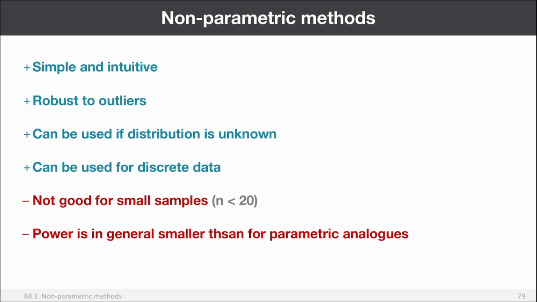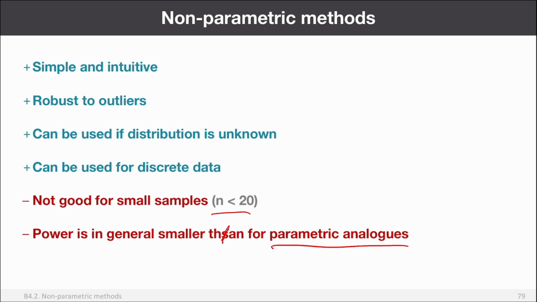However, there are also many drawbacks of these non-parametric methods. First of all, they require a large sample size, right? So you need at least 20 values most of the time in order to get reliable results. And then in general, the power of these methods is smaller than the power of parametric analogs, or parametric counterparts.